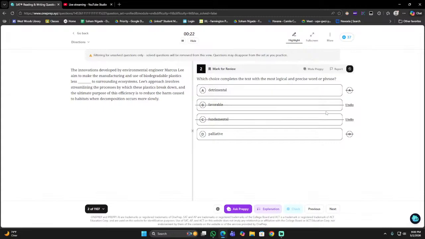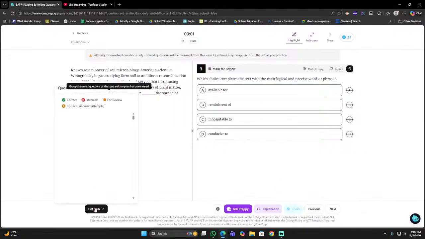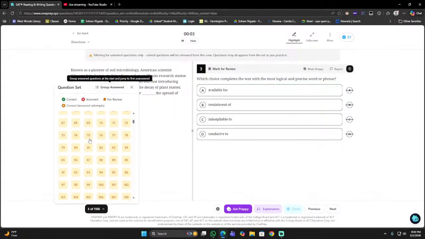What these harm is detrimental. Are these all just words in context, bro?